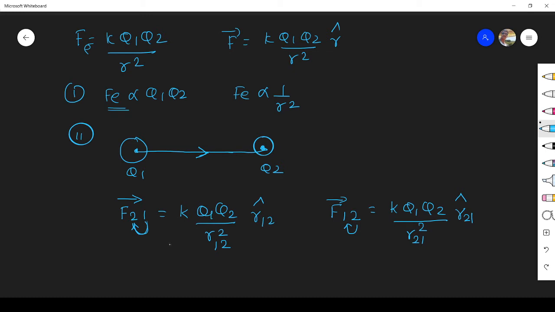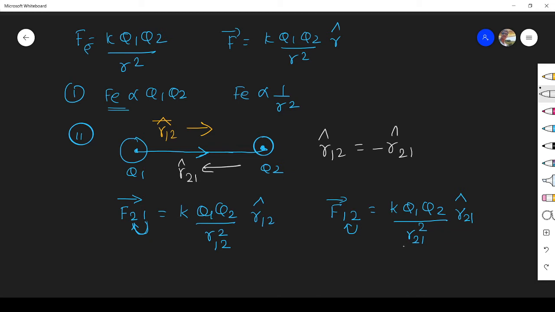So you see one important point: R12 cap will be in this direction, yes or no? Yes. Similarly, R21 cap will be in this direction. That means R12 cap is opposite to R21 cap.